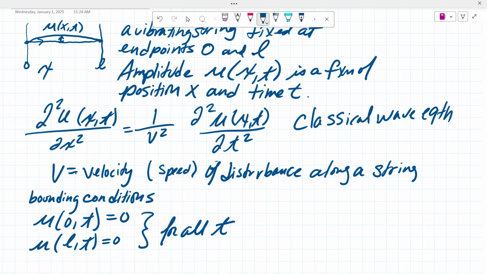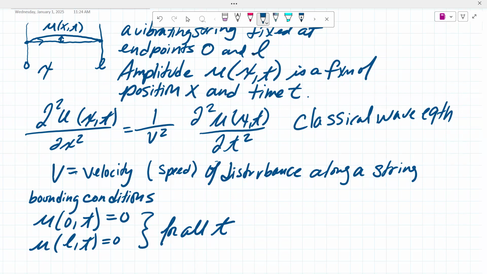When the x coordinate is 0, that's this end right down here. The displacement is going to be 0, and that is true for any time because the string is always bound. It's not going to be jumping off.